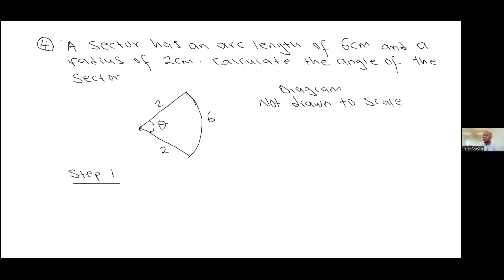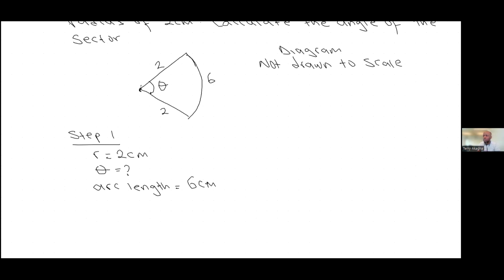So we have the radius is equal to 2 centimeters. The theta this time we don't know. But we also know the arc length is 6 centimeters. So when you know the arc length is 6 centimeters, we can then solve.